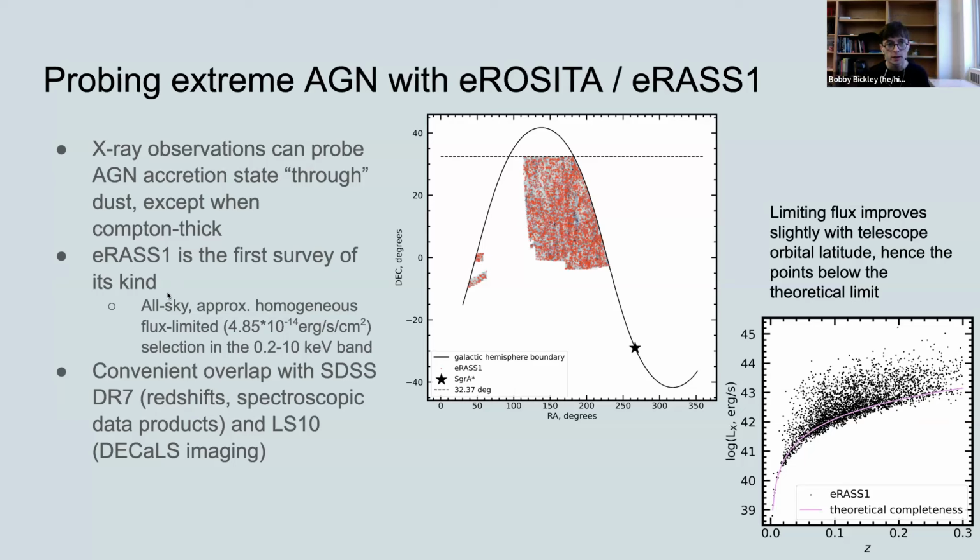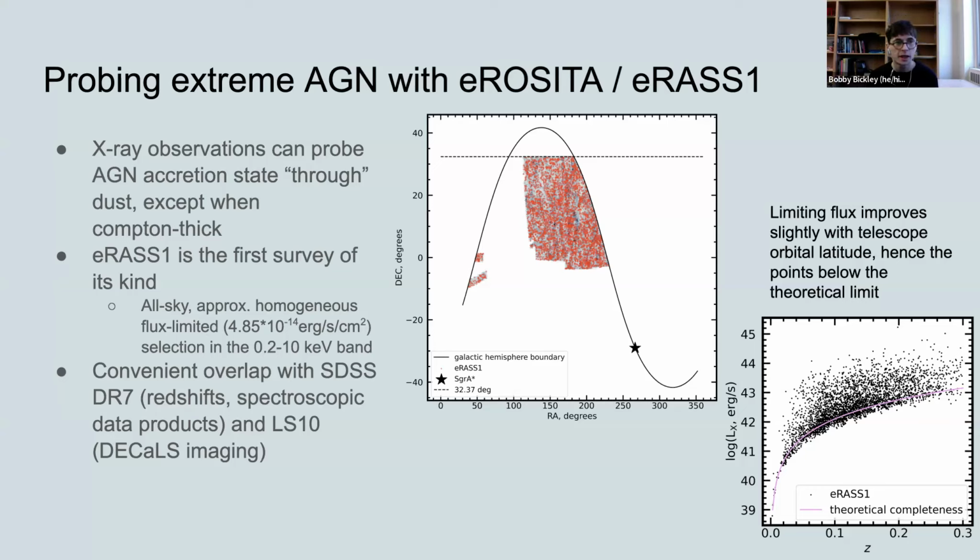Because of the energy levels of the individual photons that are being observed, X-ray observations can probe the accretion state of an AGN through obscuring dust, through an obscuring narrow line region, for example, except in cases where that obscuring material is Compton thick.